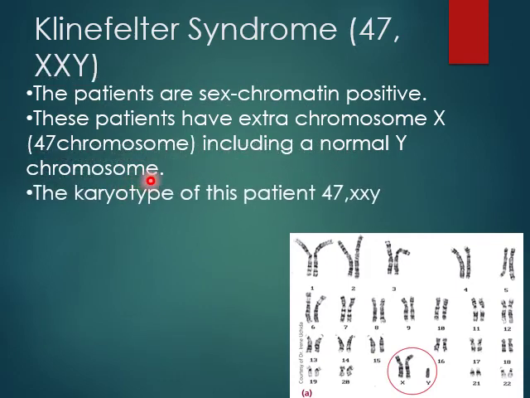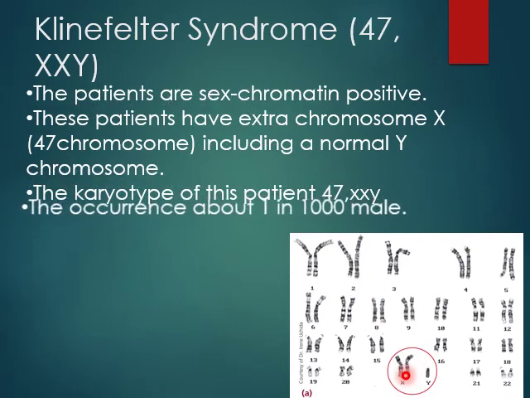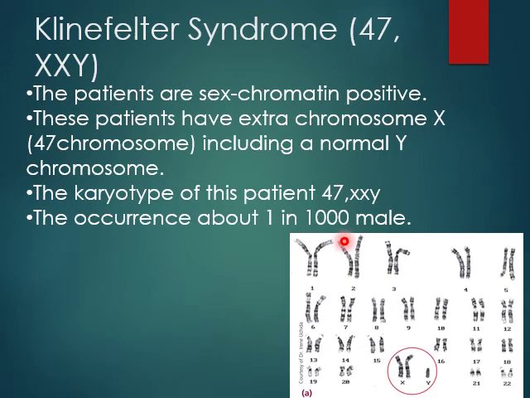The karyotype of this patient is written as 47,XXY. That means the presence of an extra X chromosome. The occurrence is about 1 in 1,000 males.